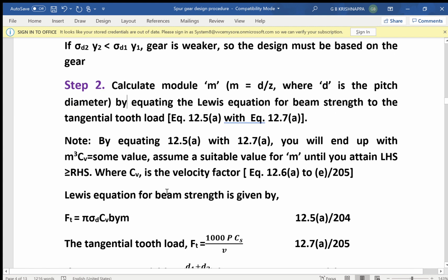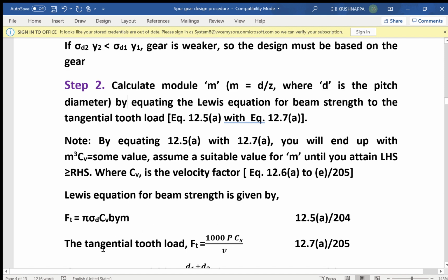The Lewis equation of the beam strength, 12.5a, is given here: Ft is equal to pi into sigma d into Cv into b into y into m.